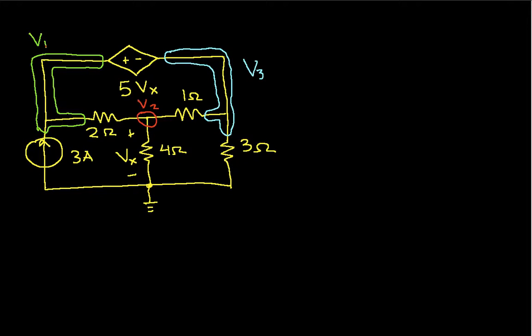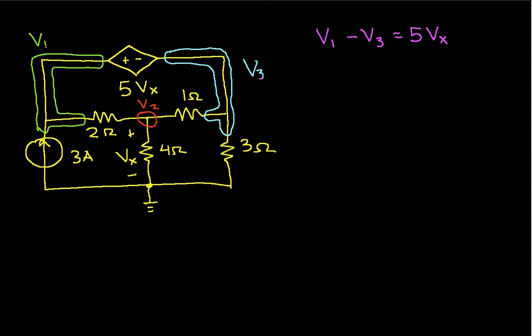It turns out that we know what we need to do, though, to make it work. First off, we know that because of the voltage source between node 1 and node 3, V1 minus V3 will be 5 times Vx.